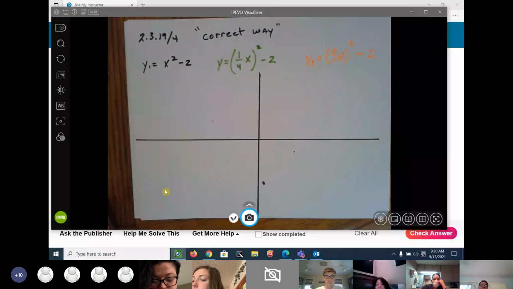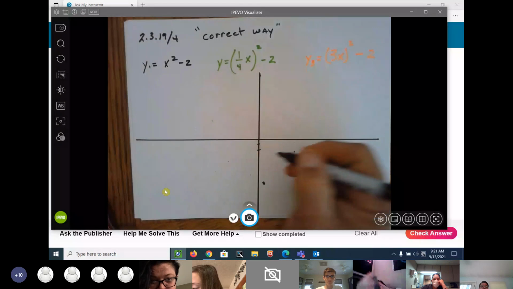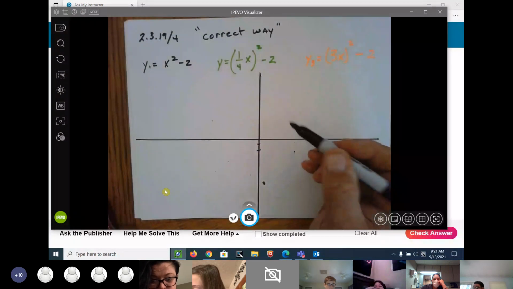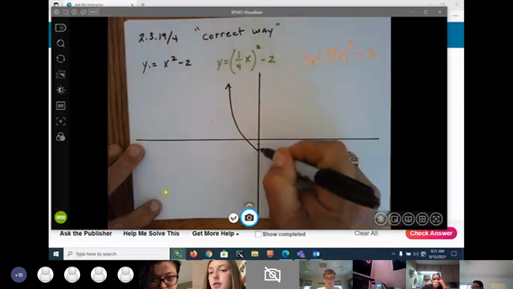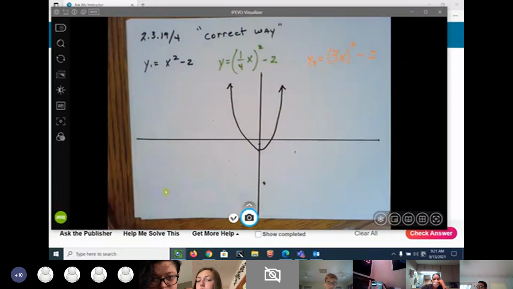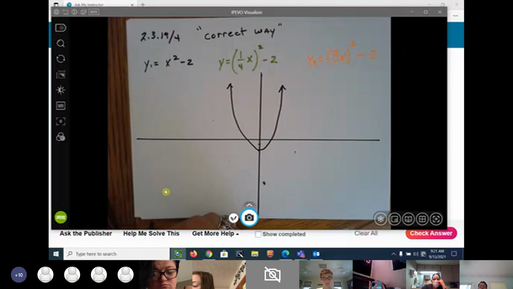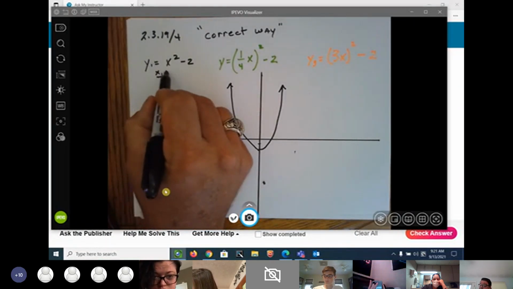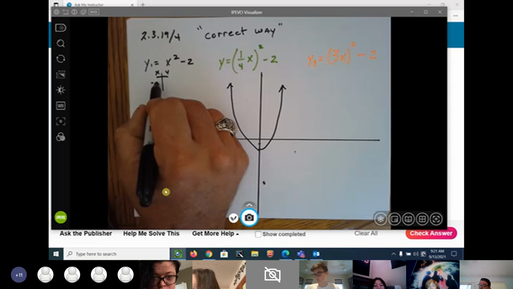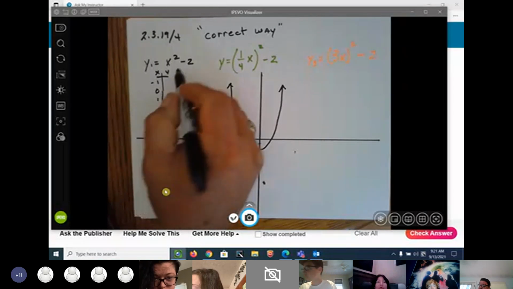Okay, so the first one is minus 2, and that's a vertical shift, so that means the drawing is a regular parabola, like that. And if you want a couple of points to go with it: -1, 0, 1.